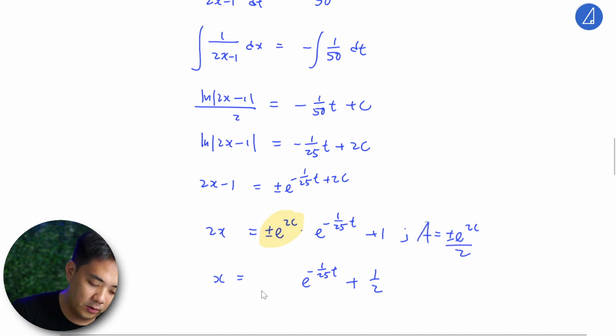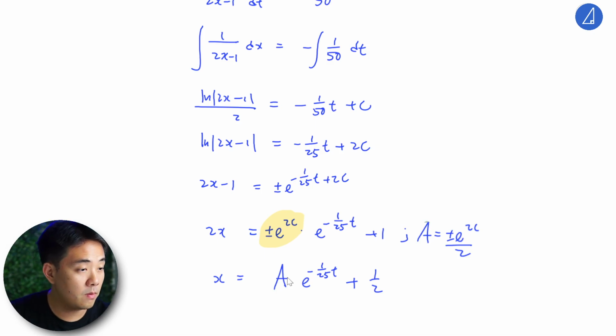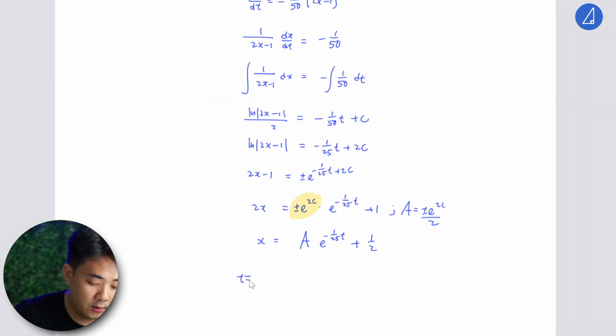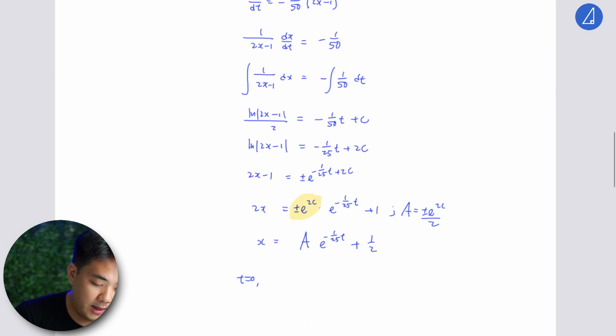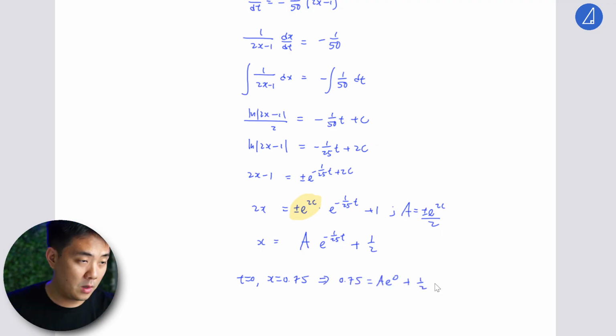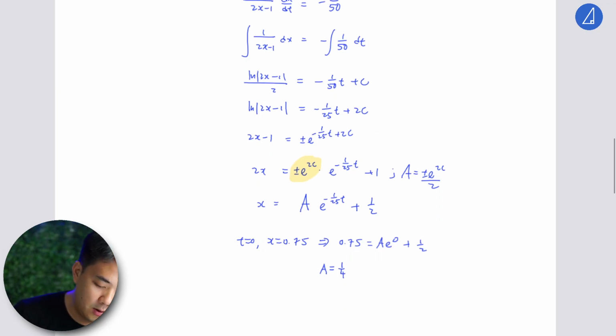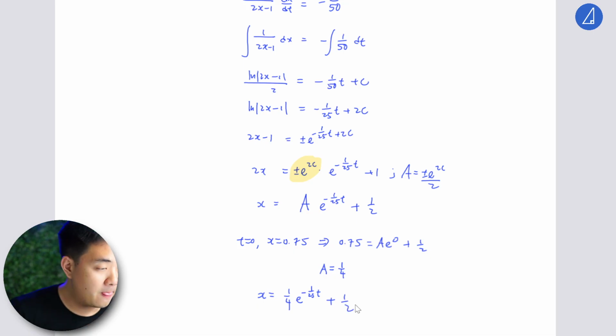Okay, looks nicer. So we can replace the boundary condition at t equals 0. We are told that x is 0.75, so A is 1/4. Okay, so there you go. x equals 1/4 e to the minus 1 over 25 t plus a half.